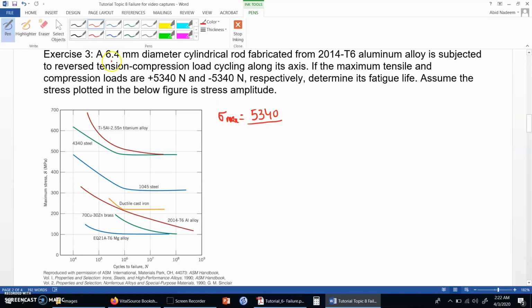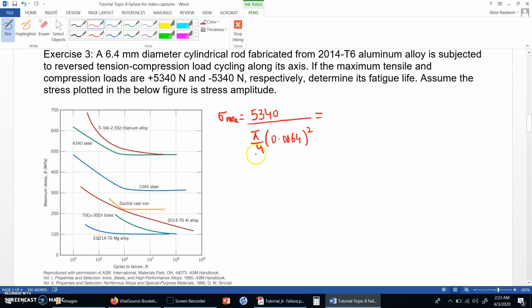Because the diameter is 6.4 millimeter, the area will be pi by 4 into 0.0064 meter squared. That gives Newton per square meter, which is Pascal, and then I need to divide by 10 to the power 6 to get megapascal.